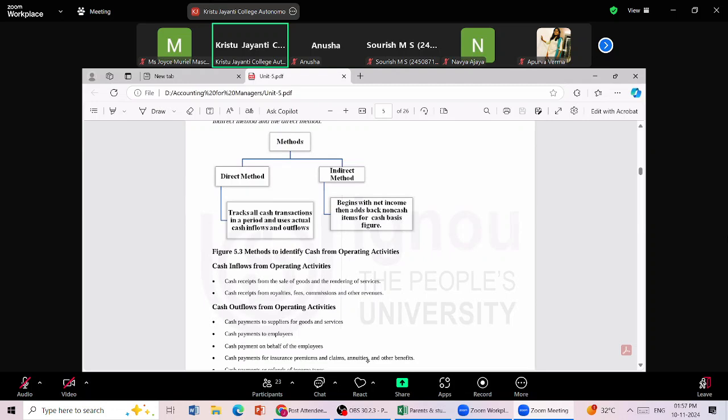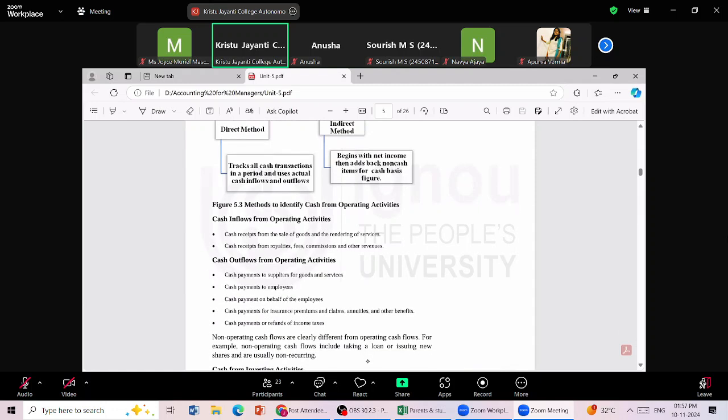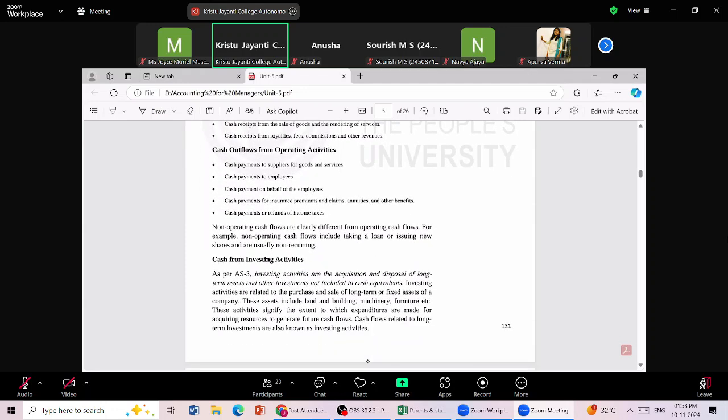Here cash receipts from sale of goods and cash receipts from royalty, fees, commission, other revenues are considered as inflow, and outflows of operating items are cash payments to suppliers, cash payments to employees, cash payments for insurance premium, and any cash payments for income tax. All these are outflows.